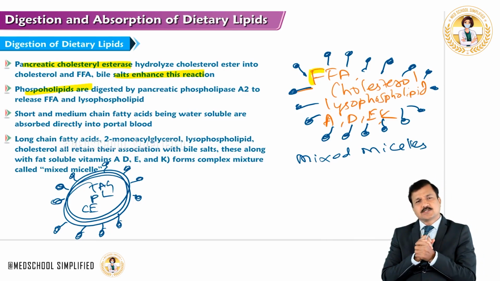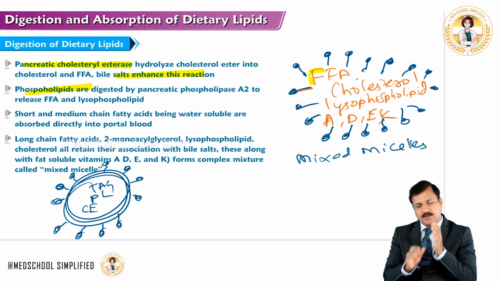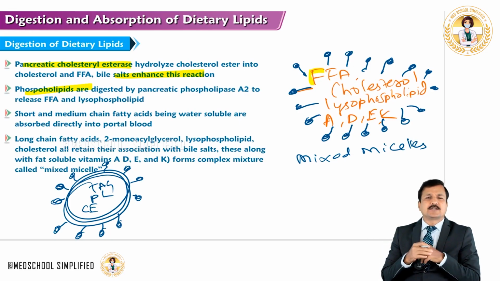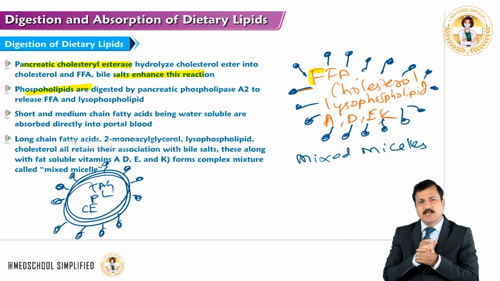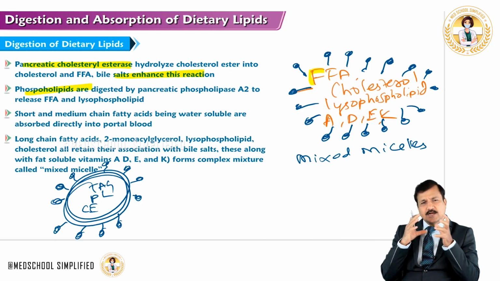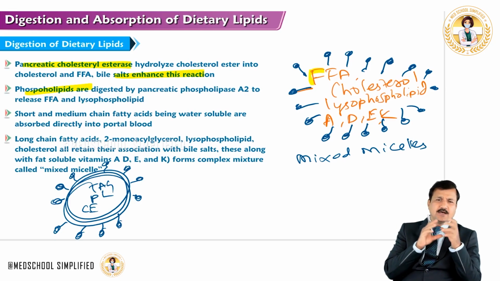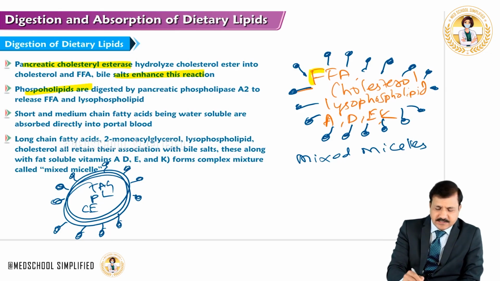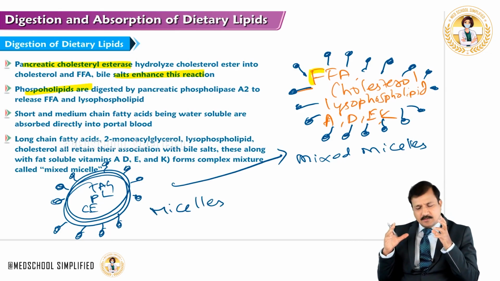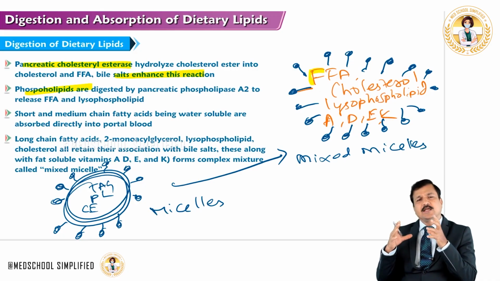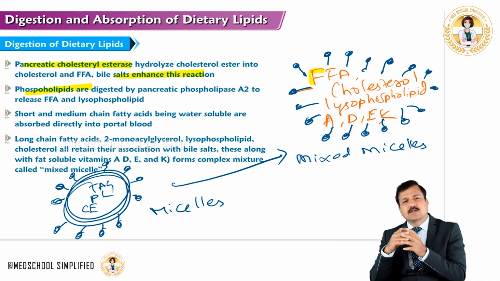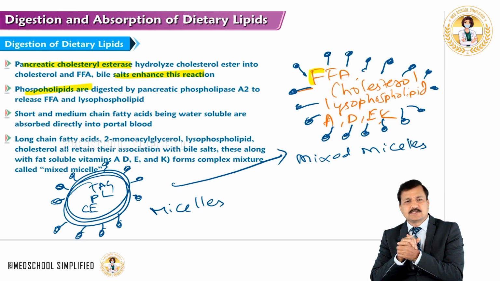So bile acids and bile salts coat them, and then they break into small lipid droplets and they retain their association with the bile acids and bile salts. All that undigested lipid containing molecules, we call them micelles, and the molecules that contain digested lipids which retain their association with bile acids and bile salts are called mixed micelles.